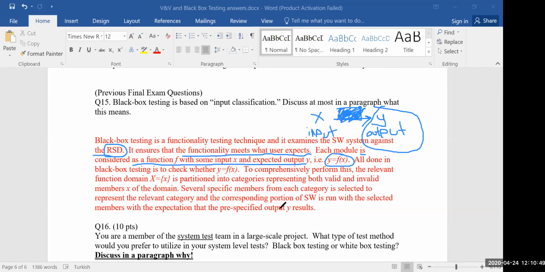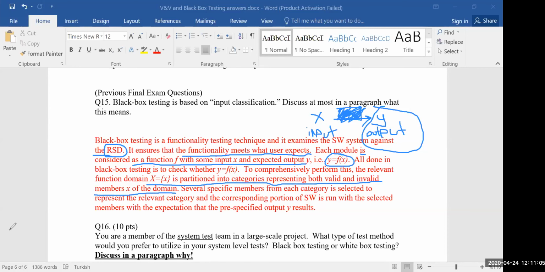To comprehensively perform this, the relevant function domain x is partitioned into categories representing both valid and invalid members of the domain.